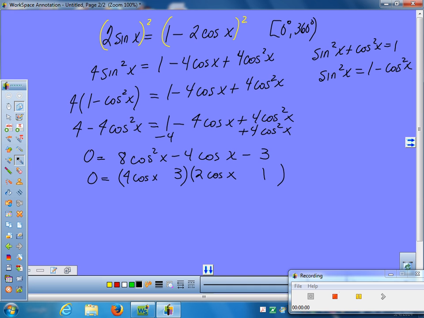You could try 8 and 1. The 4 and 2 definitely don't work. 8 and 1, well, I definitely don't want the 3 out there because I surely don't want 24 cosine. It won't get it. So, okay, factoring doesn't work.